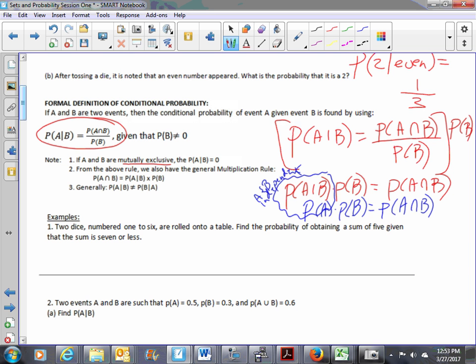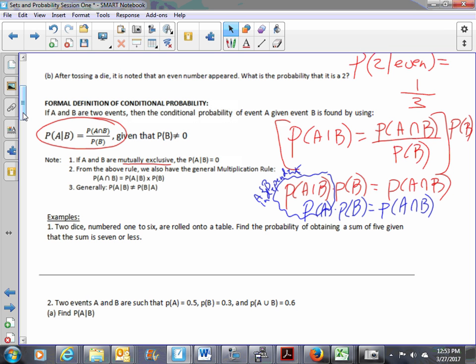If the probability of A times the probability of B is equal to the probability of A intersect B, then the events are independent. And vice versa, if A and B are independent, then the probability of A times the probability of B is equal to the probability of A intersect B. So that's a good thing to know.